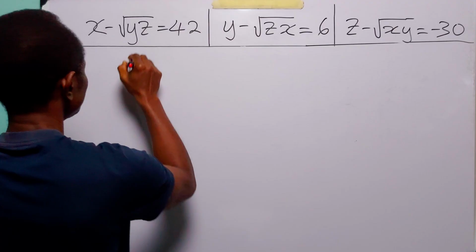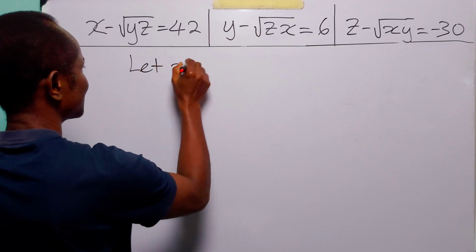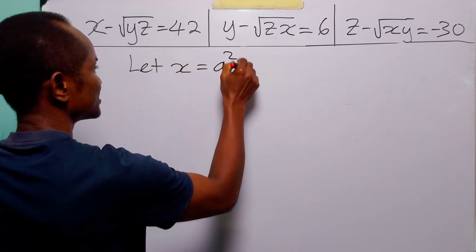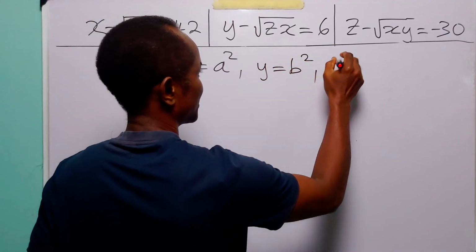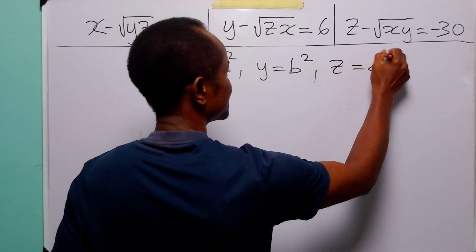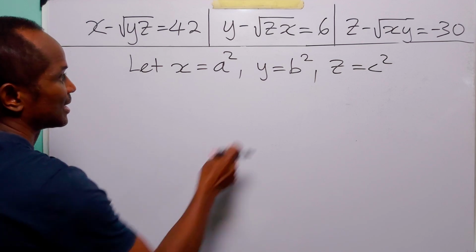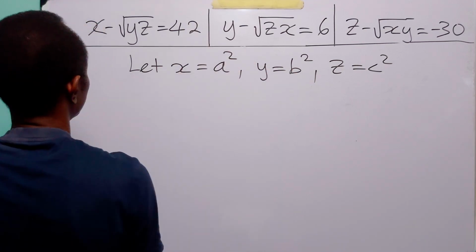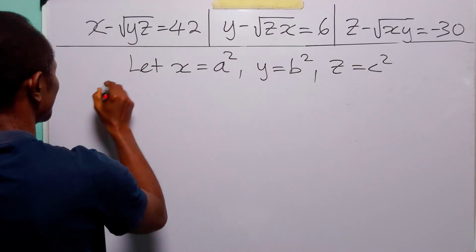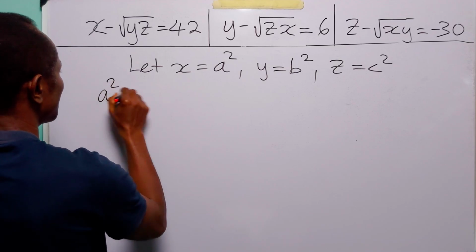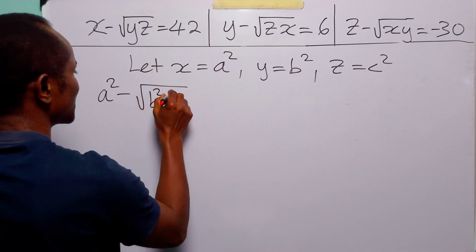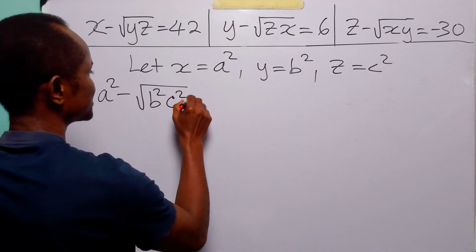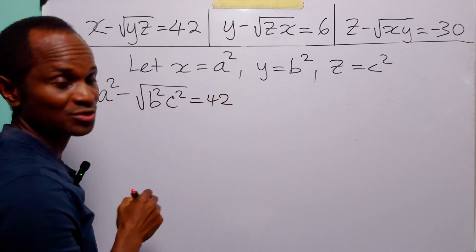So, let x be equal to a squared, y be equal to b squared, and z be equal to c squared. Now, with this substitution, the first equation is going to be a squared minus the square root of b squared times c squared is equal to 42.